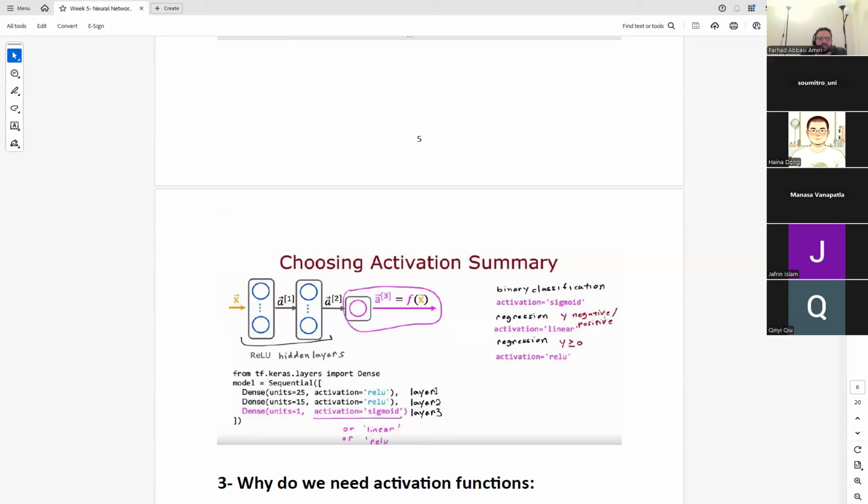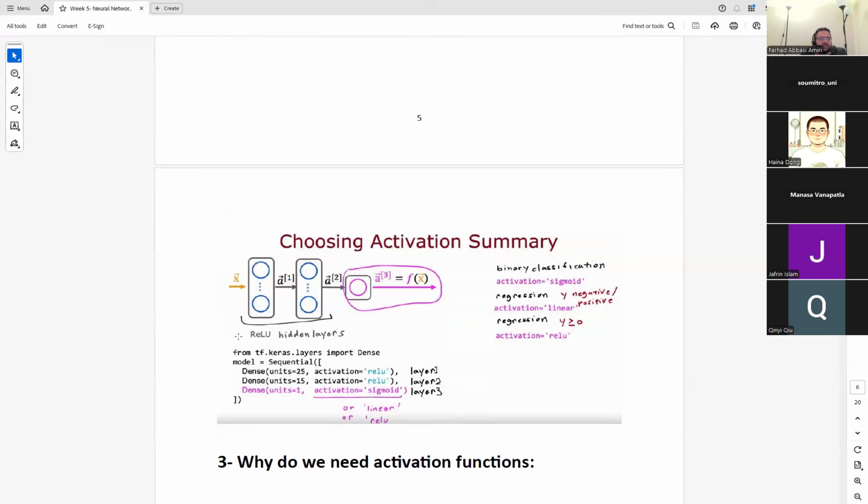Classification, regression with either negative or positive value, or regression with just positive value, right? So far, as a summary, for hidden layers, we use the ReLU activation function, and for the output layer, we use sigmoid, linear, or ReLU based on the application that you're working on.